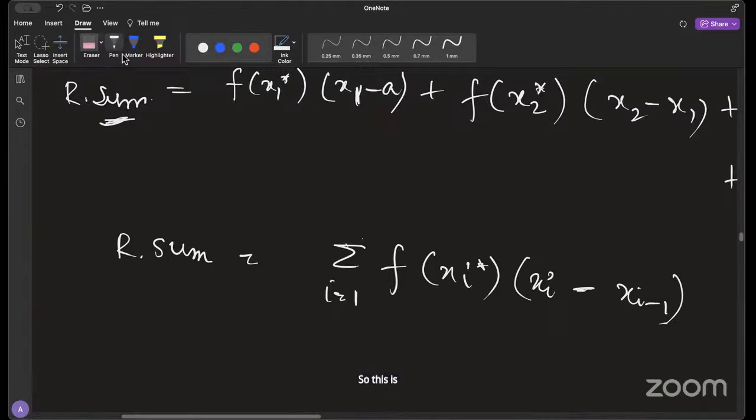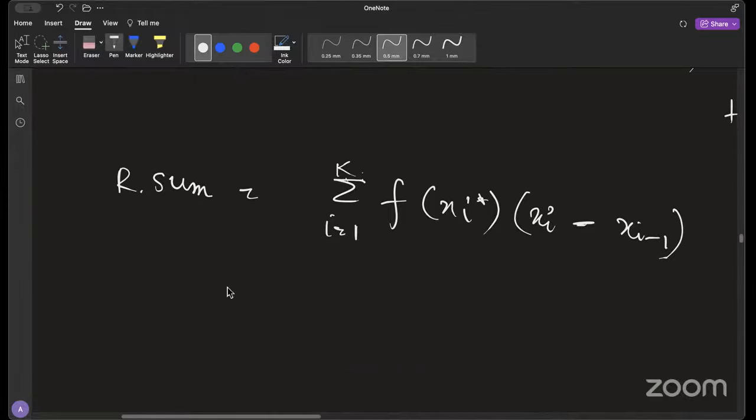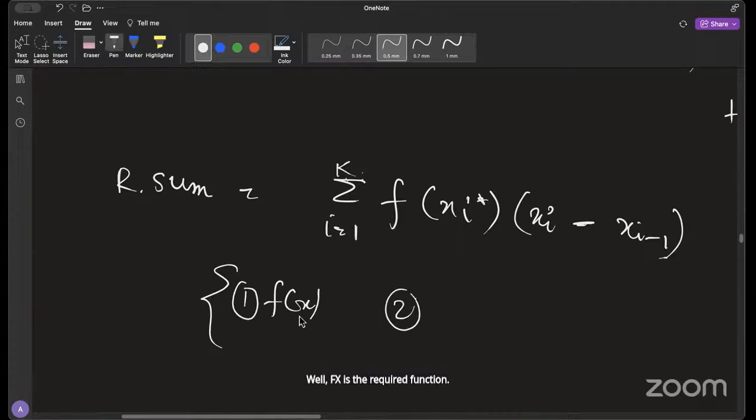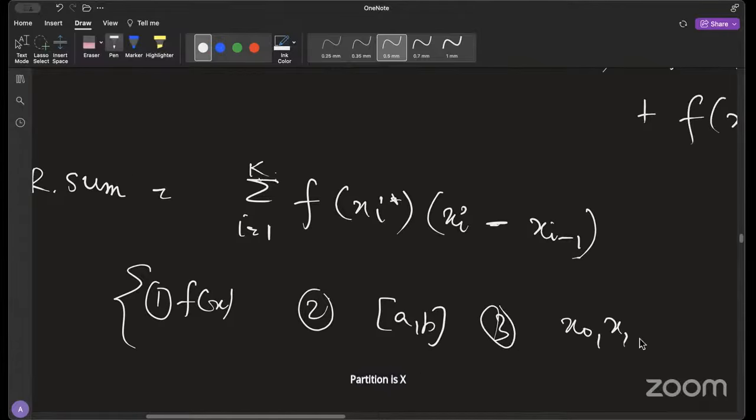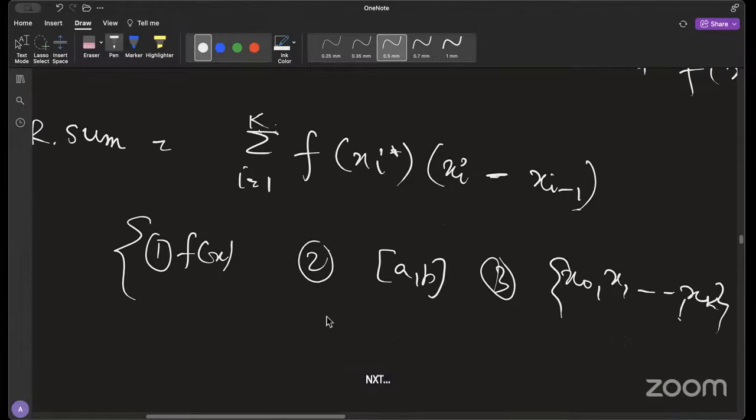So this is your Riemann sum, where f(x) is the required function. Interval is, let's say, [a, b]. Partition is x0, x1, up to xk. And these points are x1 star, x2 star, and so on, up to xk star.